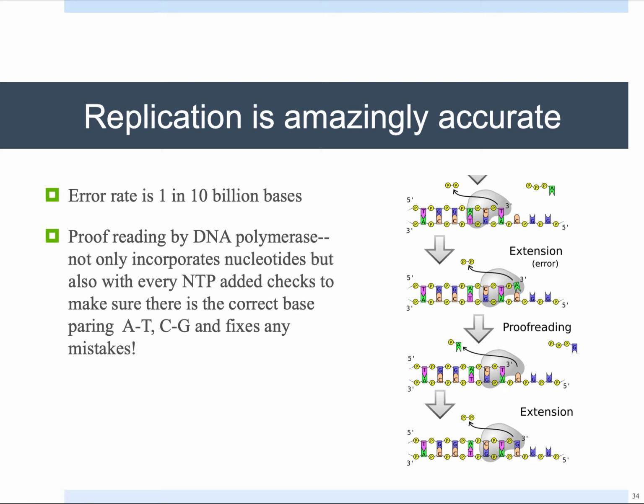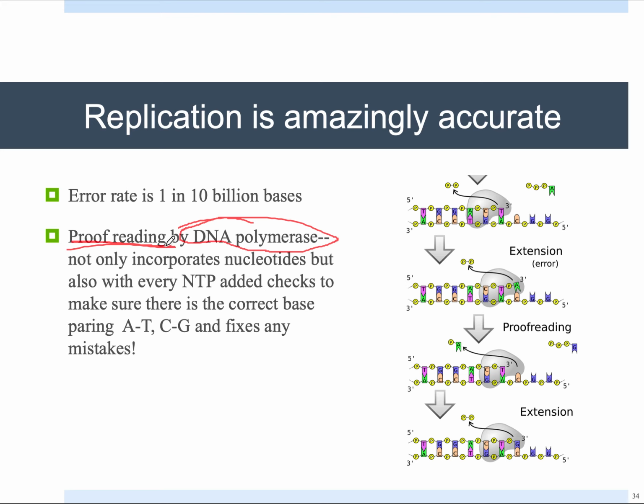The interesting thing with replication is that it's amazingly accurate. And the reason is that DNA polymerase does what we call proofreading. It's just like you write a paper and you edit it before you submit the final version. So errors do happen, but you have 1 in 10 billion base pairs. So for every 10 billion base pairs, that is when you find 1 error.